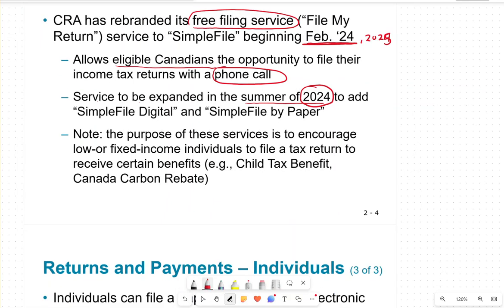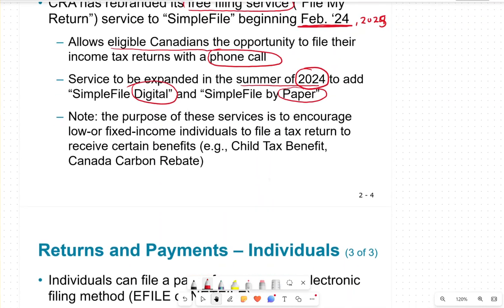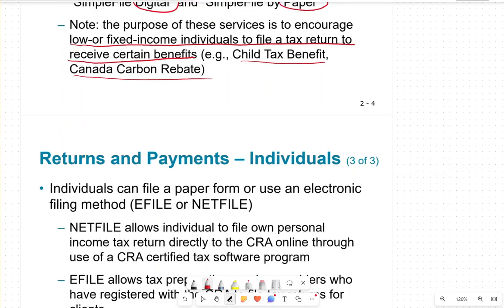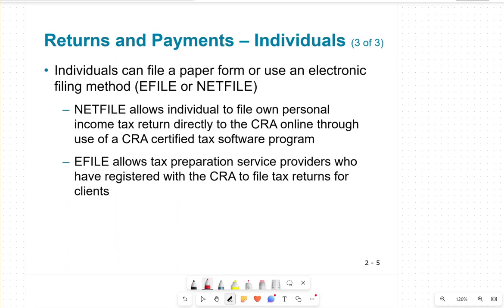They were allowed to do digital filing or paper filing. The purpose of the service is for low or fixed income individuals to file their return and receive certain benefits, such as, like I said before, the child care tax benefit and the Canadian carbon rebate that came in 2 years before.